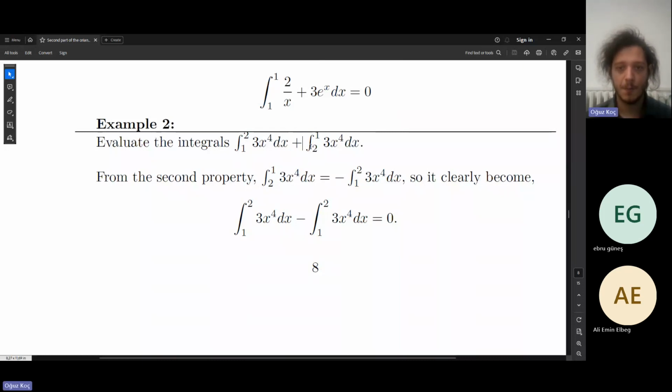If we change it with the reversed limits version, it becomes the positive integral plus the minus integral. Since they are exactly equal to each other, we can just simply say that they cancel each other. It becomes 0.